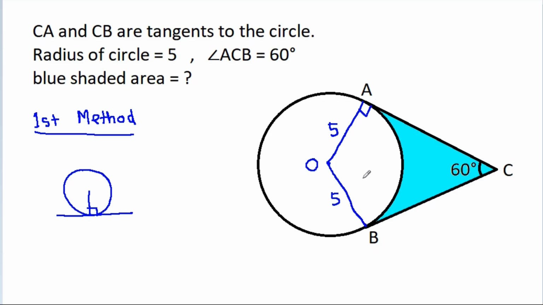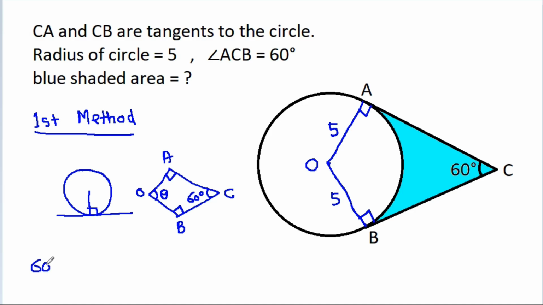So these angles will be 90 degrees. And also in AOBC, this angle is 60 degrees, this angle is 90 degrees, this angle is 90 degrees, and this angle, suppose theta.